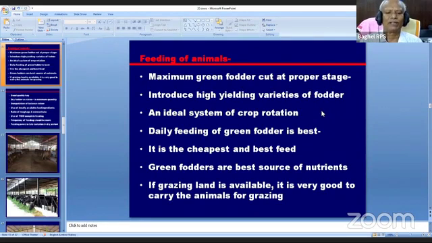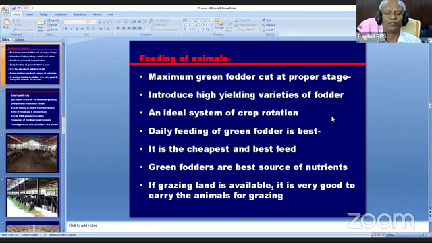Here the first point comes: use of green fodder. The green fodder is excellent feed for the dairy animals. If it is good quality, it will be very rich in proteins, vitamins, and minerals, and that will be highly economical to the dairy farm. And that's why I recommend to all the farmers, for 20 cows, they should have a minimum of 5 acres of land where you can produce excellent quality green fodder.